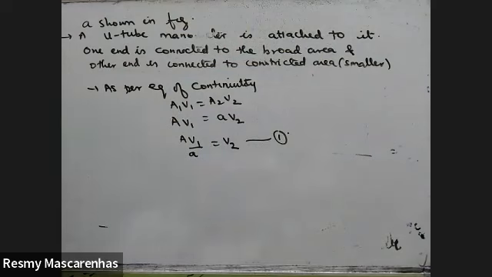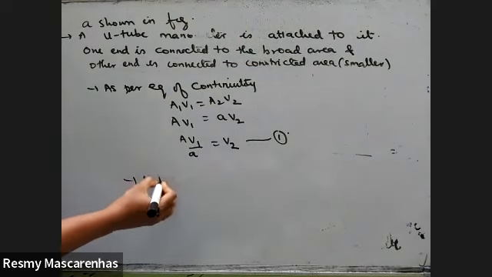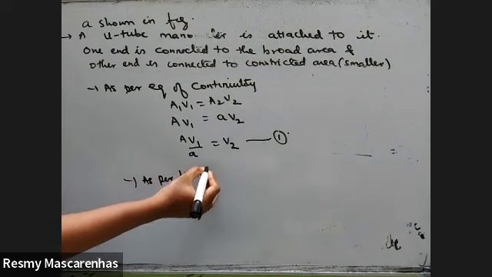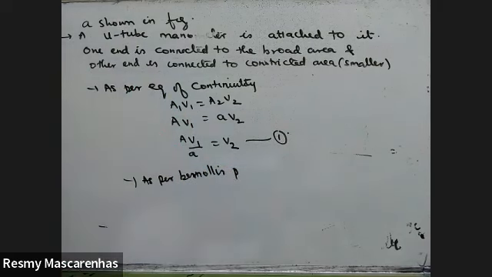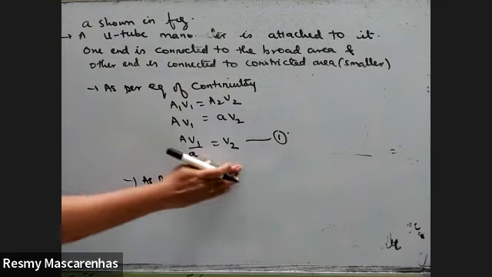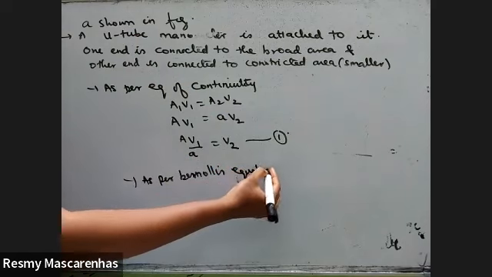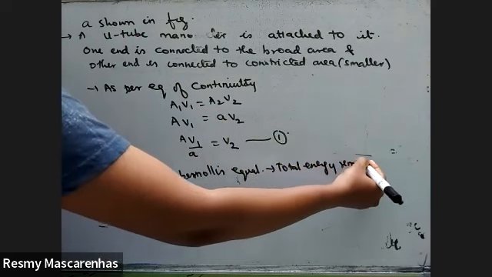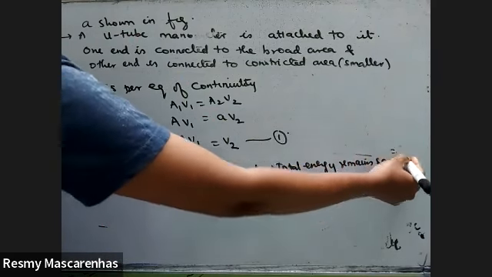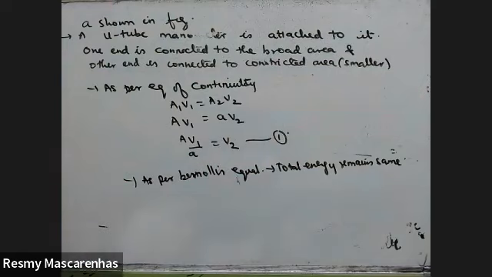Okay. Now even applying Bernoulli's theorem, what does Bernoulli's theorem say? As per Bernoulli's equation, the total energy always remains the same. Means all the total energy, the pressure, the kinetic energy and the potential energy always remain the same.